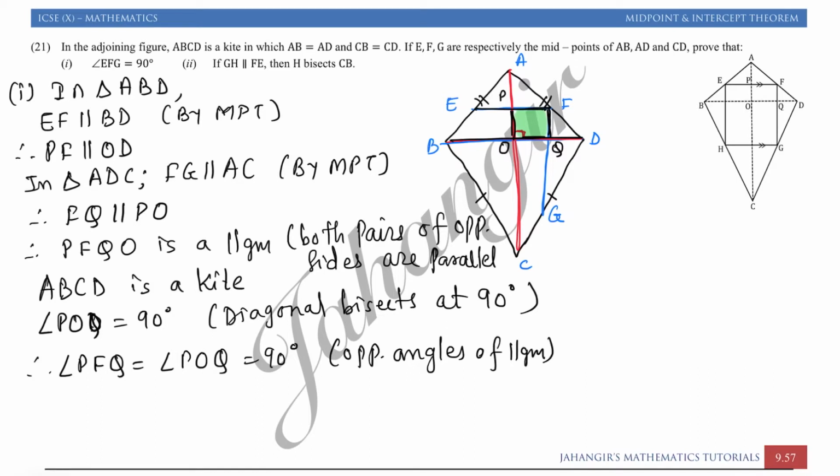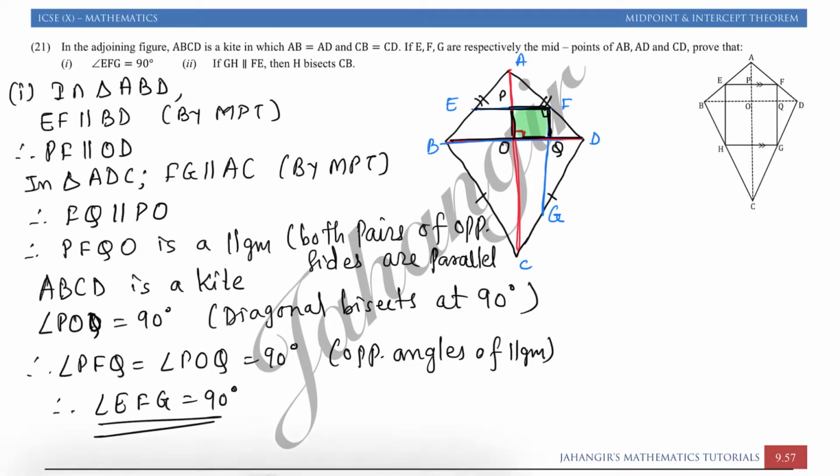So instead of PFQ I can say angle EFG is equal to 90 degrees. This is the first part we had proved.